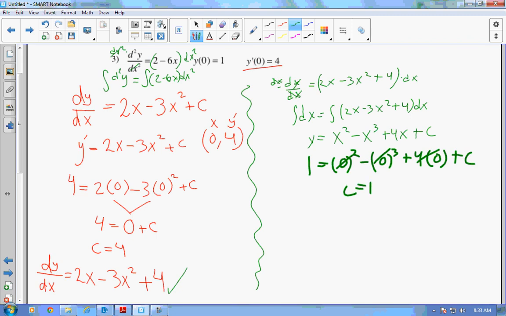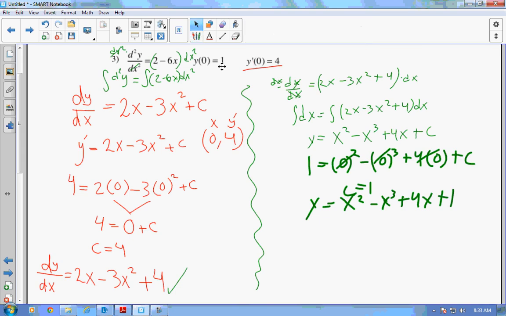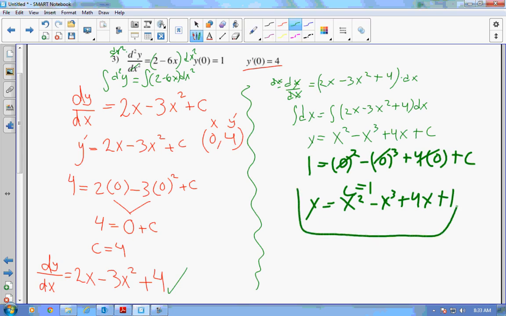C equals 1, sweet, and then just plug it into your function. And box it up. Cool. Any questions on that? Thank you, Reed. Thanks, Gisu. Any questions?